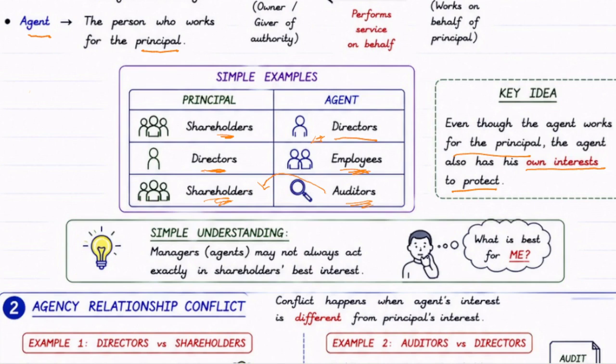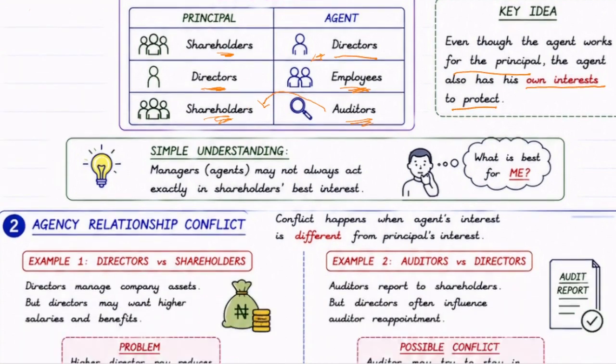That's why the agency relationship conflict is eminent, is possible. Conflict happens when agent interest is different from principal's interest. So when the two do not align, there is what we call agency relationship conflict.